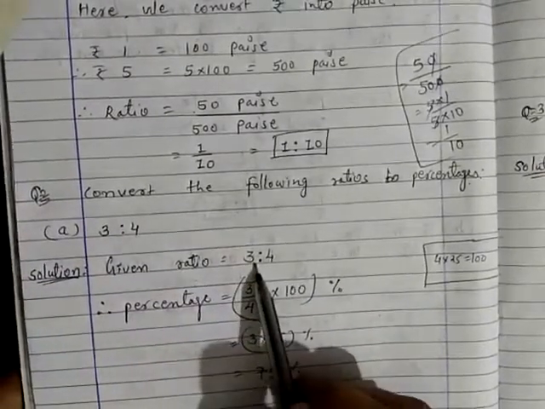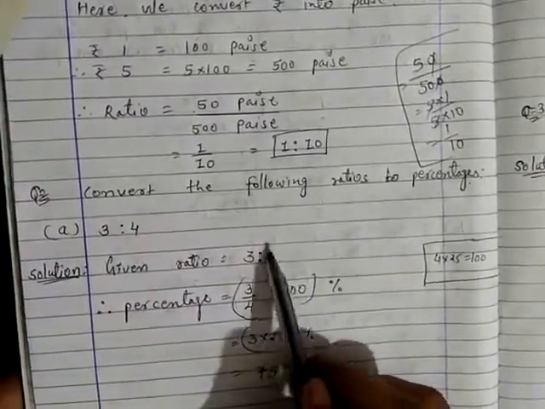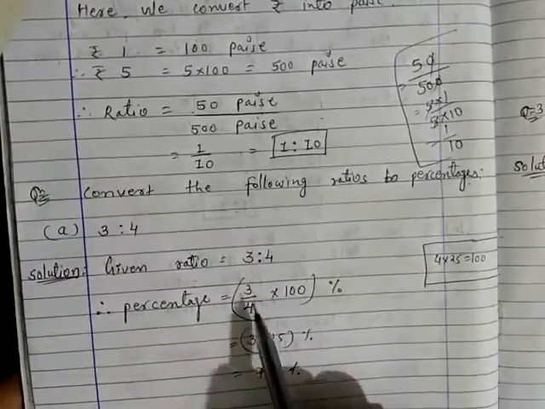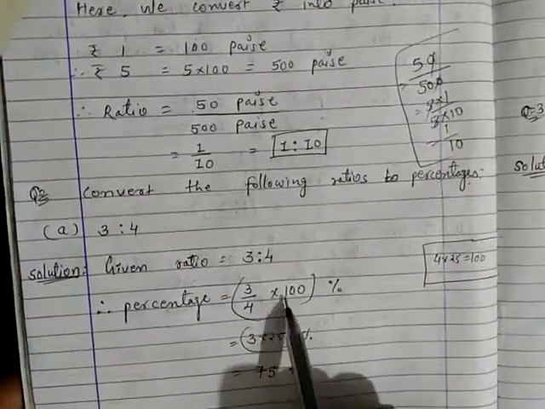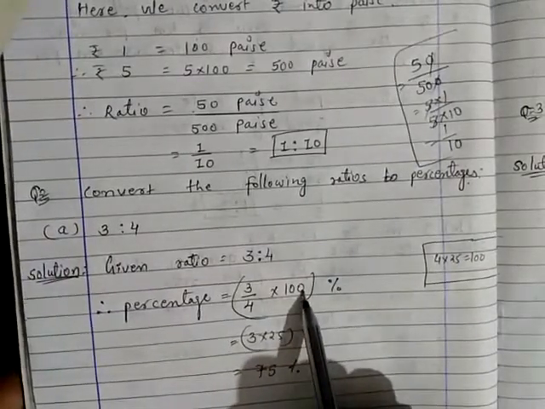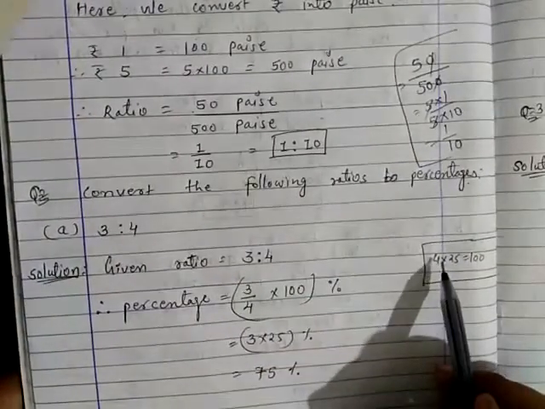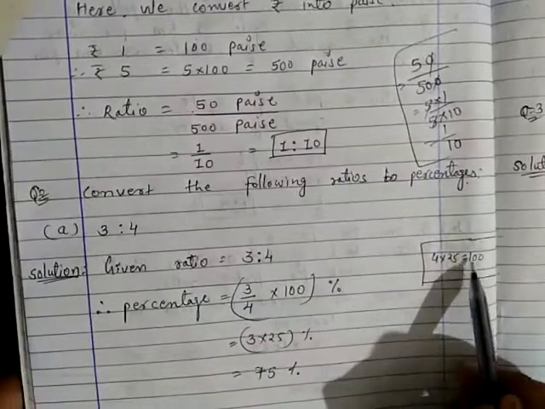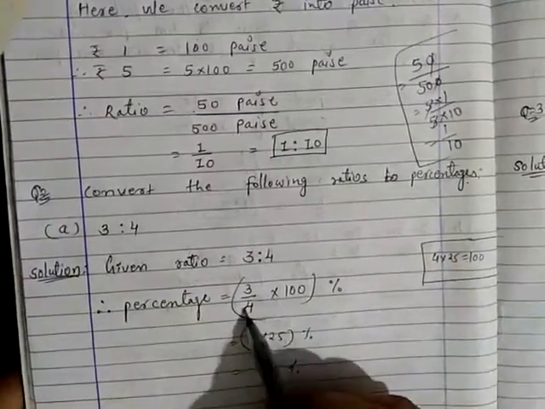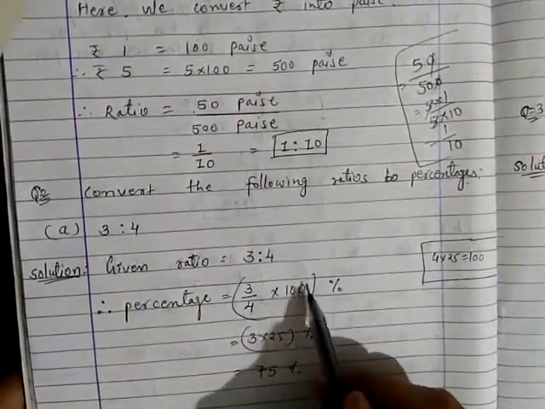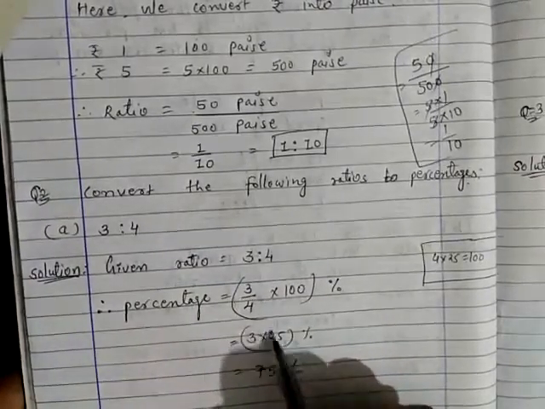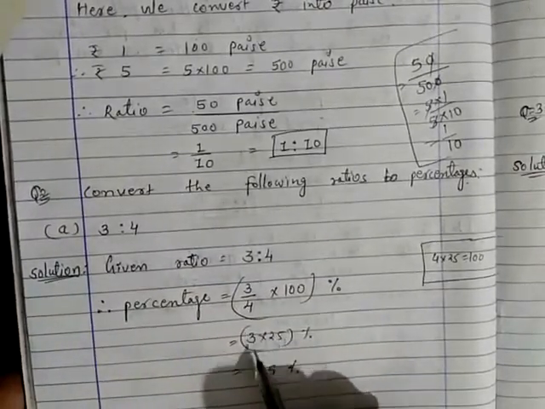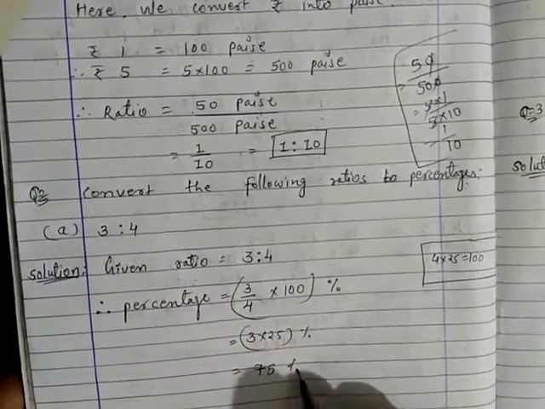The given ratio 3:4 we can write as the fraction 3 upon 4. 3 upon 4 multiplied by 100. Now see, when you multiply 4 by 25 you will get 100, right? So 4 times 25 is 100. We can cut it. Which number is remaining here? 3 and 25. So 25 multiplied by 3 is equal to 75.